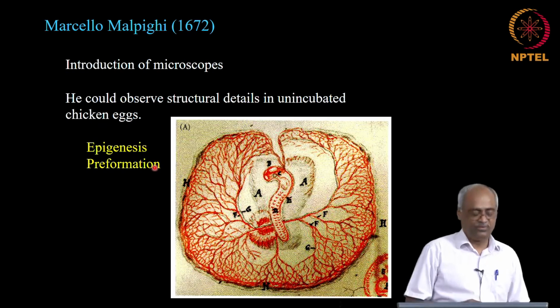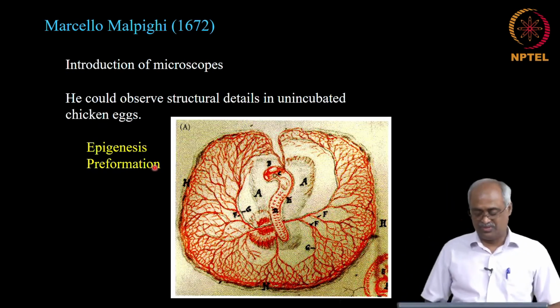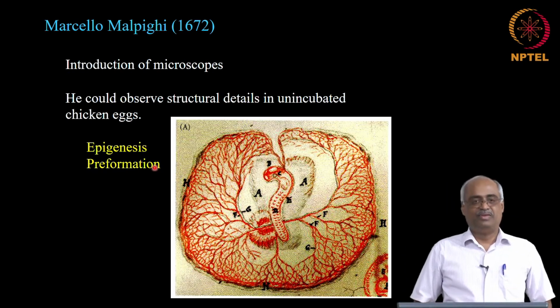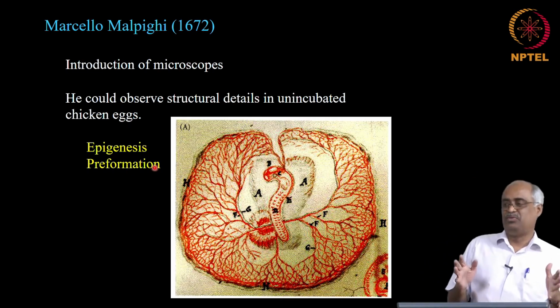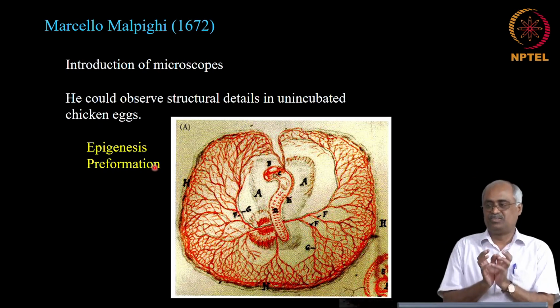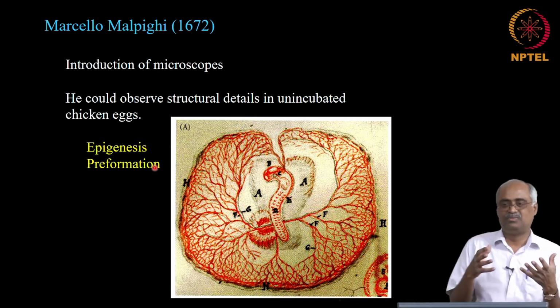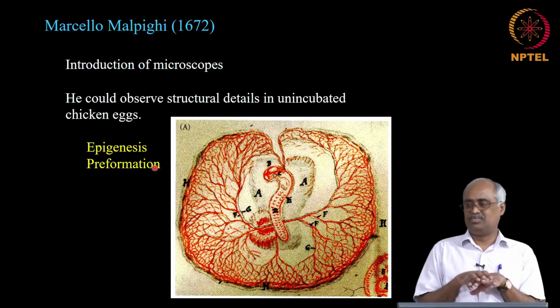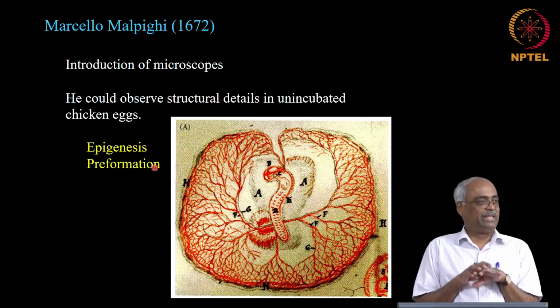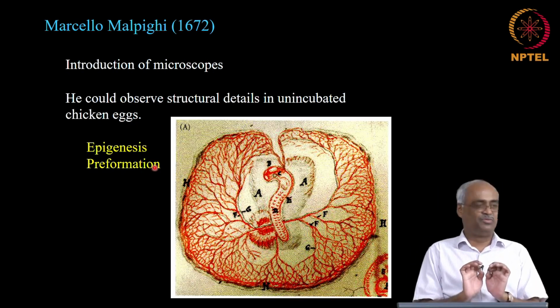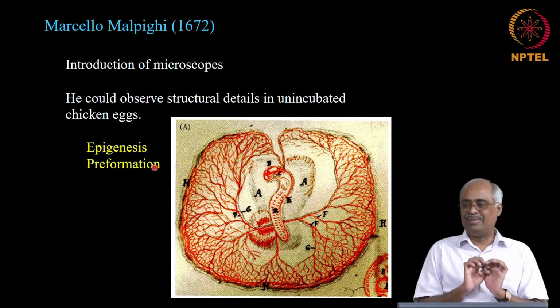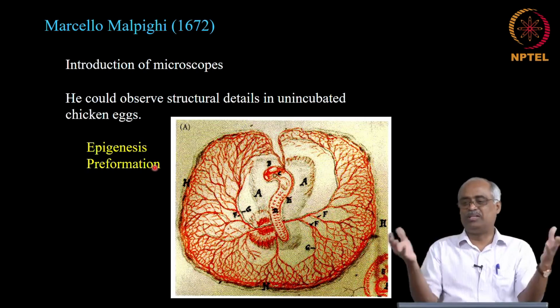And what these preformationists proposed was this: the entire body, like the human body, including external morphology and internal structures, everything is preformed in a miniature form, and that is already there, and now you need to unfold it and allow it to grow.